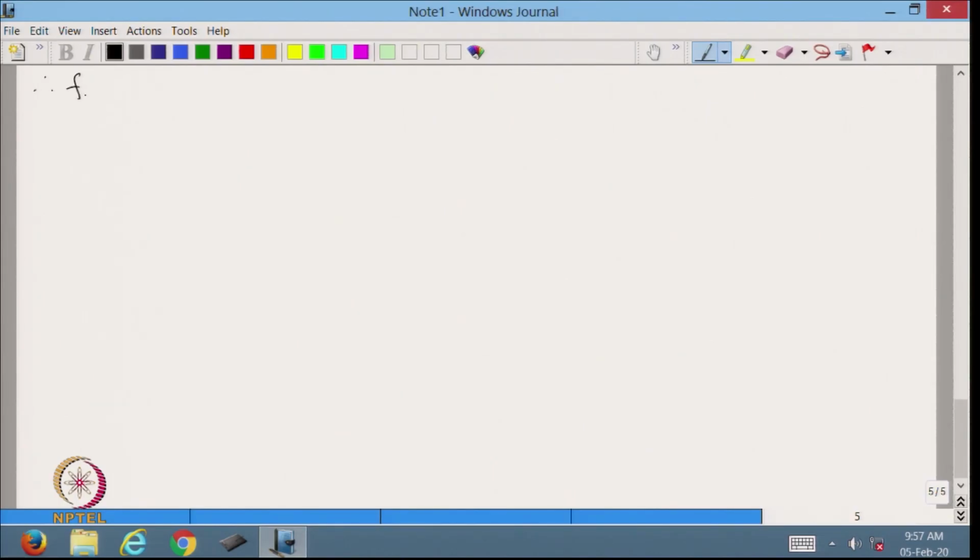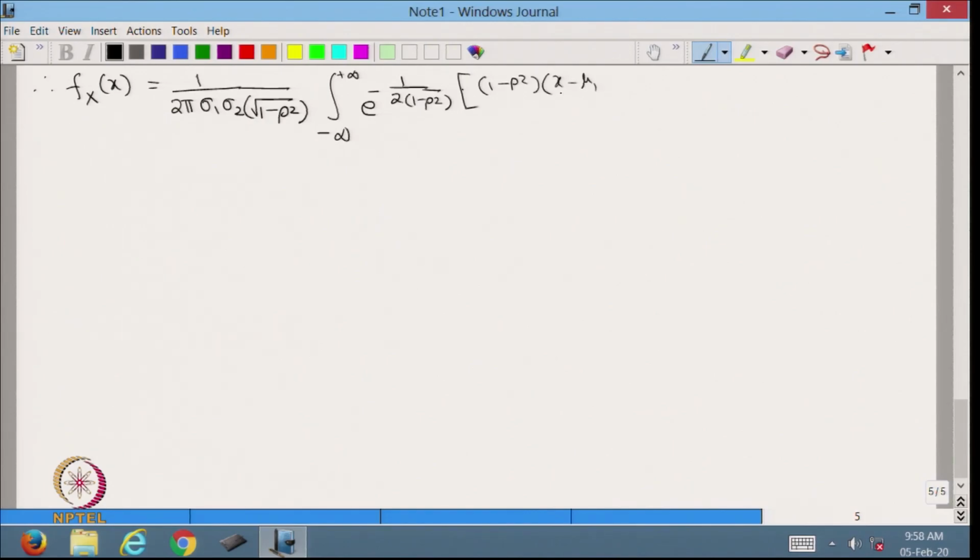Let us make this substitution here. Therefore, f_X(x), we can write it as 1 upon 2 pi sigma 1 sigma 2 into root over 1 minus rho square, integration of minus infinity to plus infinity e to the power minus 1 upon 2 into 1 minus rho square into 1 minus rho square into ((x minus mu 1) upon sigma 1) whole square plus (z minus rho into ((x minus mu 1) upon sigma 1)) whole square into sigma 2 into dz.